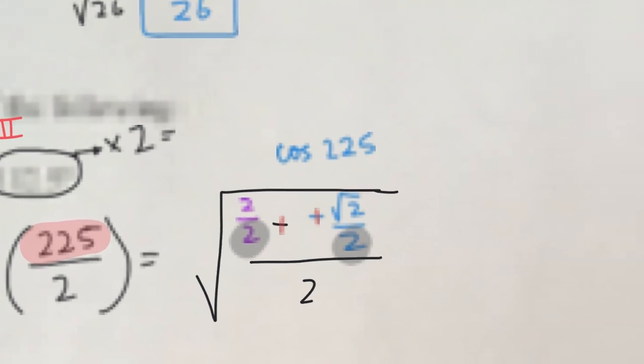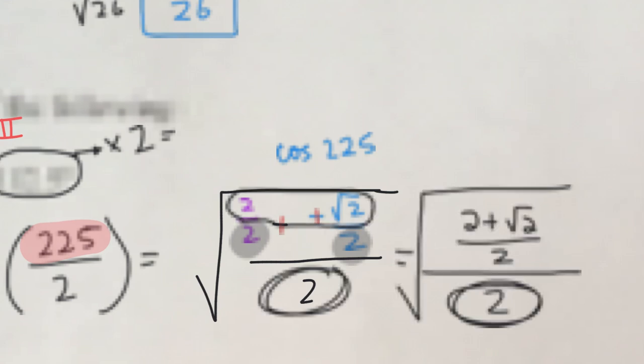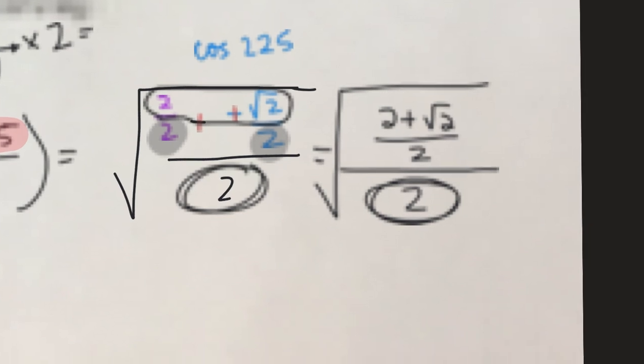So let's add these together. I can add my numerators, right, and get 2 plus root 2 divided by 2, right? That's my numerator, all divided by 2. Okay, so this divided by 2 is still there, that divided by 2. Okay, so don't forget about the formulas.